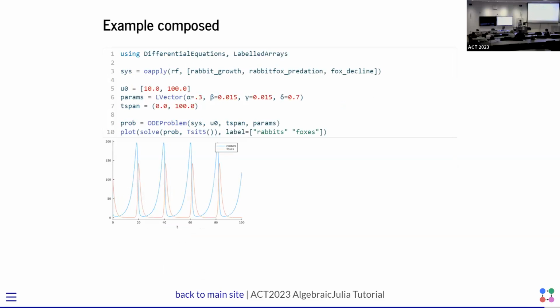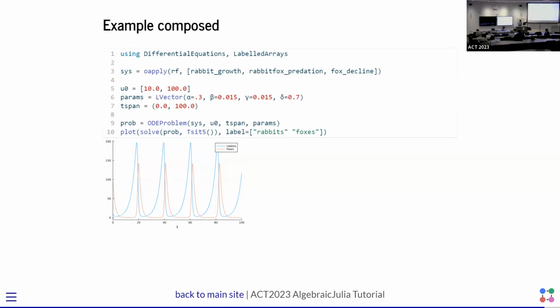Okay, and then we worked hard to get here, but now all of that stuff happens here in one line. So we're going to say we have this UWD, RF, we're going to apply this composition pattern to our list of 3 component dynamical systems.